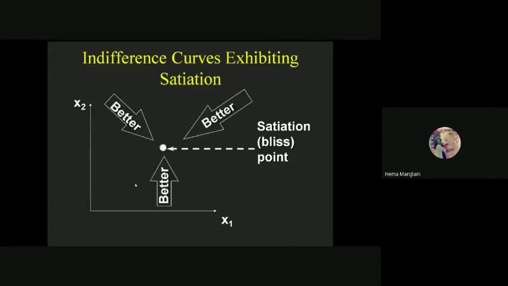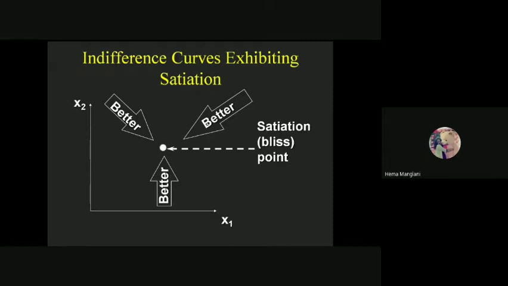See, we know that from this axis you are coming towards better in this direction, and here also, even from this and from this. So from all sides you are reaching this satiation, which is a bliss point. I already told you this bliss point is not a realistic approach.